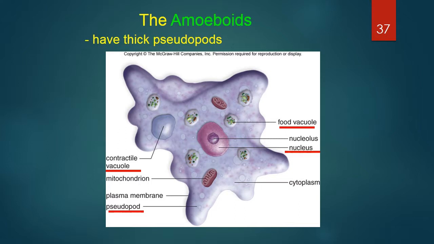And then some of the other things that should look familiar: your contractile vacuole, which helps take care of water regulation, our mitochondria, because we are in a eukaryotic cell. Here's some of those pseudopods. It still has a nucleus and a nucleolus, and it has food vacuoles, where some of that digestion takes place.